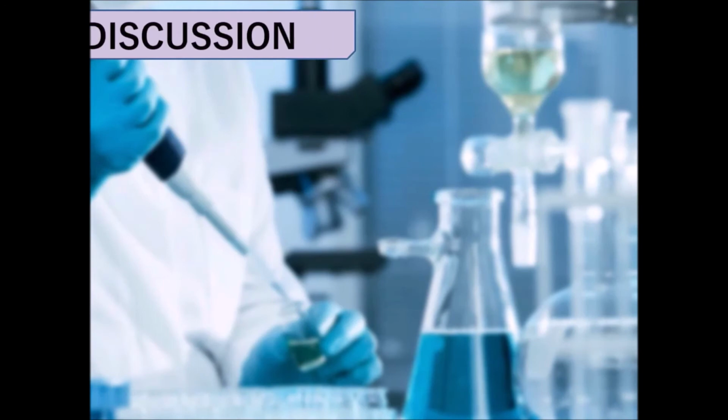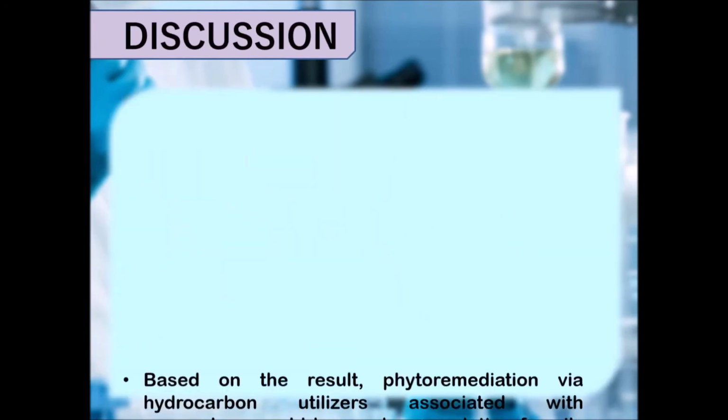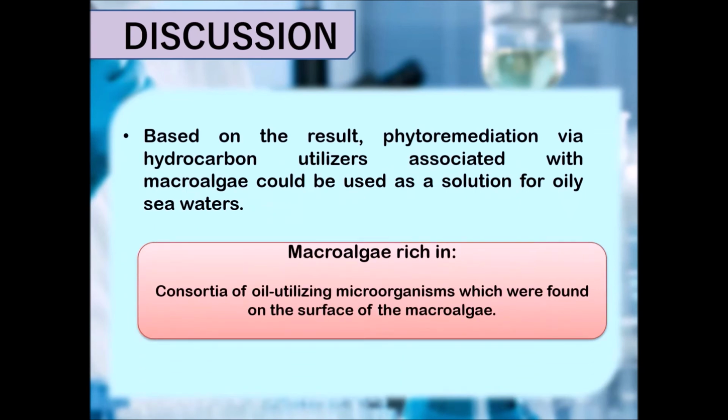Next is the discussion. Based on the result, phytoremediation by hydrocarbon utilizers associated with macroalgae could be used as a solution for oily seawaters. Based on the result, macroalgae is rich in consortia of oil-utilizing microorganisms which were found on the surface of the macroalgae.